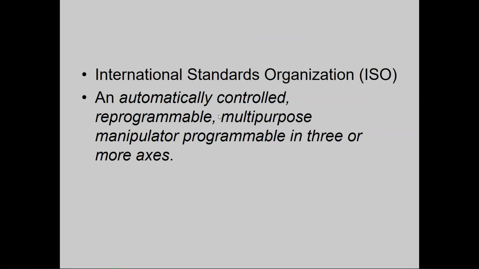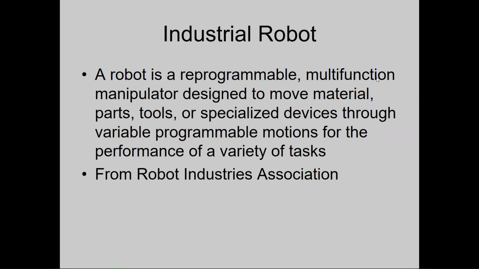Multi-purpose, multifunction, same word, just different ways of saying it. It means that you don't just have one job this thing can do, like pick something up and drop it. This thing could go through several different steps. Does that make sense to everybody?